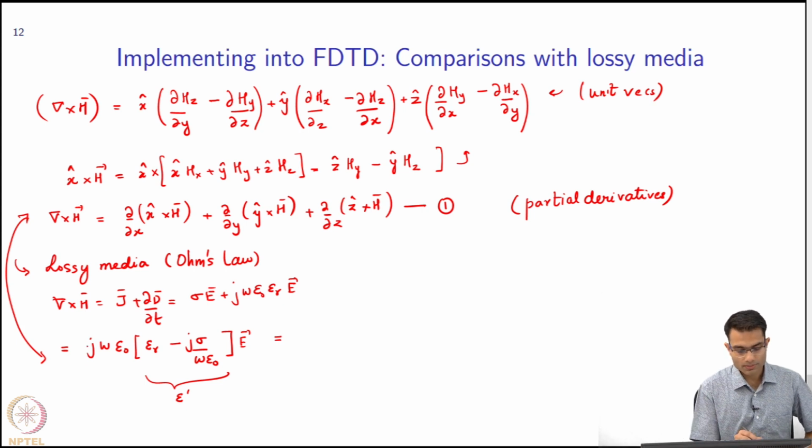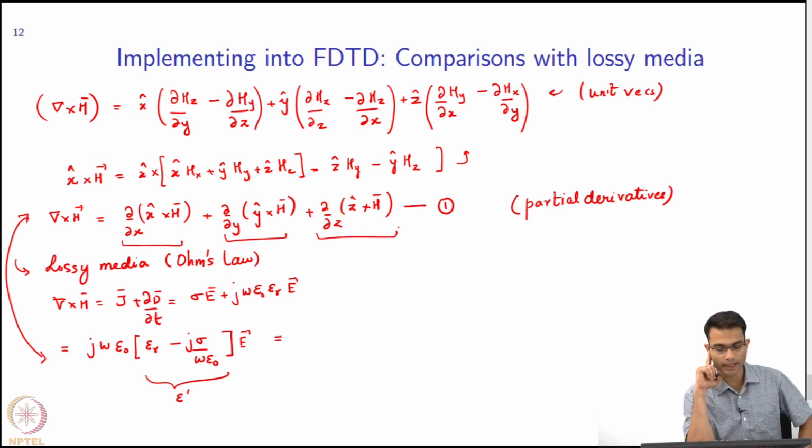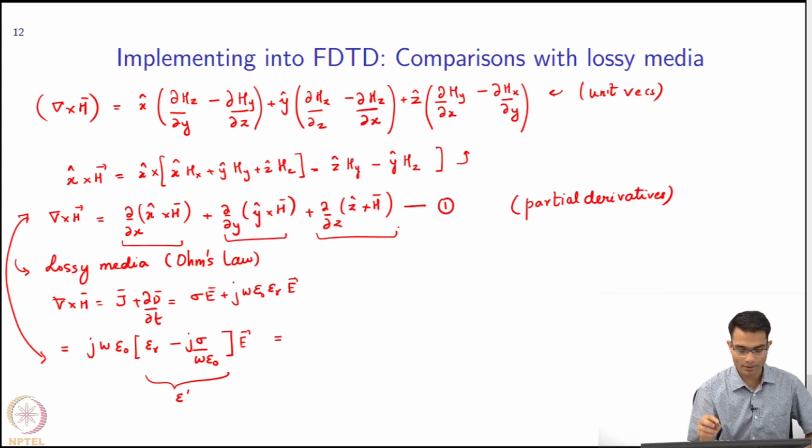So all of these terms accompanying the electric field are scalars, right. So this vector over here, will you agree that each of these 3 terms is a vector, right. The direction is not clear, I mean it depends on where H is, right. So I can rewrite this whole thing in terms of 3 vectors like this.